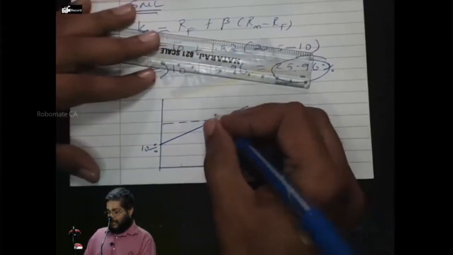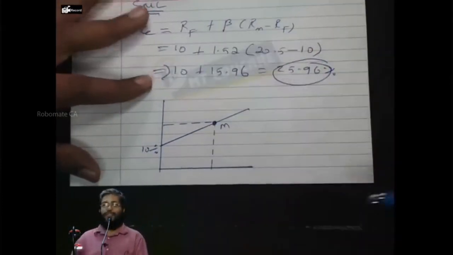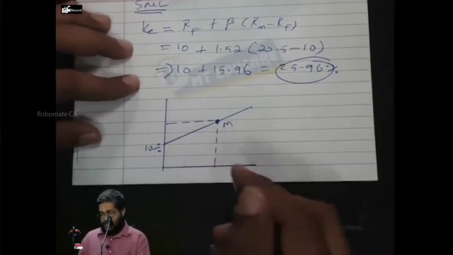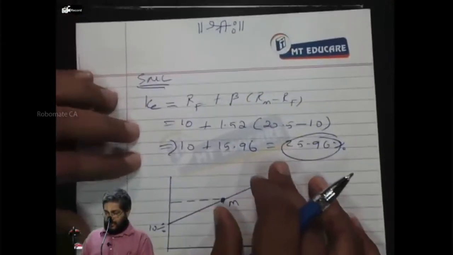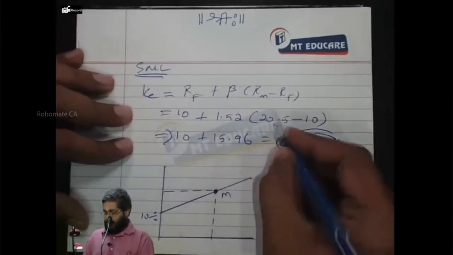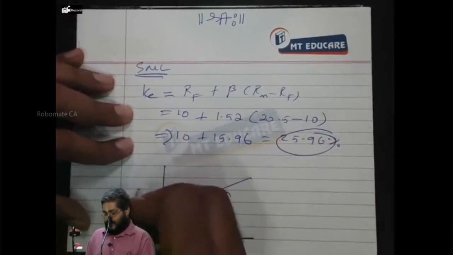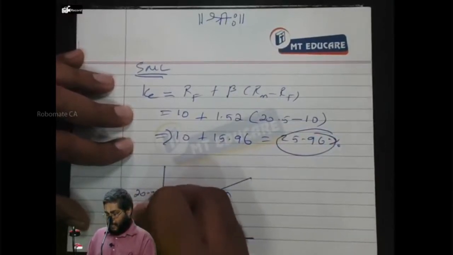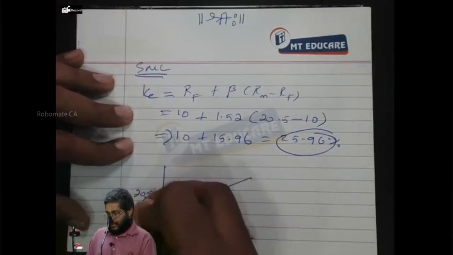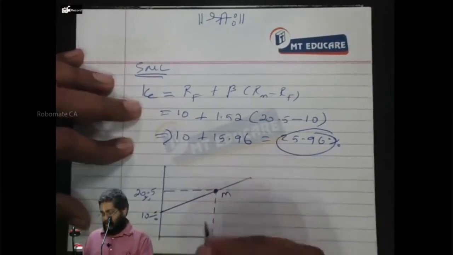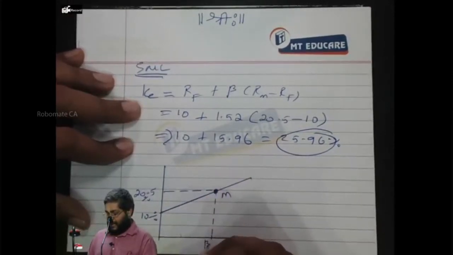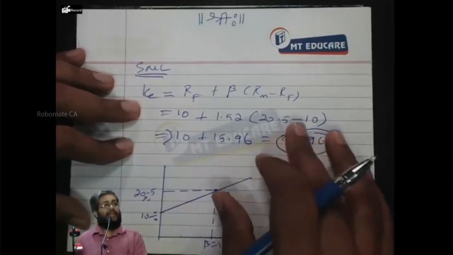This is the market portfolio. The return on the market portfolio is 20.5%. Understood or not? Now, this is having a beta of 1.